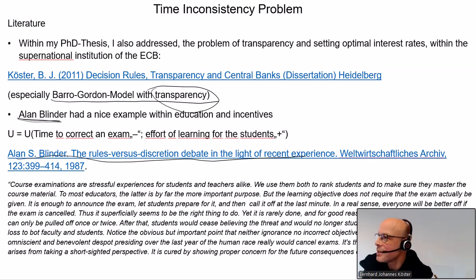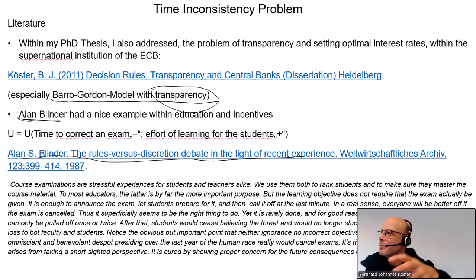Because if I announce it, then you start learning because you want to pass it. So you learn. And then we meet in 2 or 3 weeks, and then I surprise you and just say, well, there is no exam. And then we are both better off, because you have learned and I have no work for the correction.